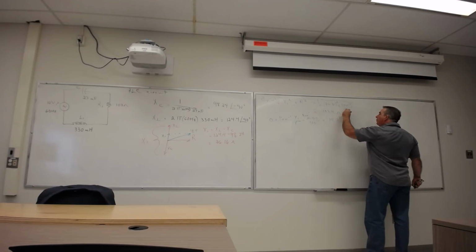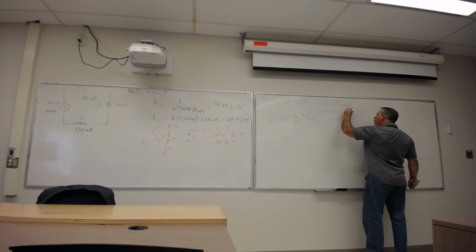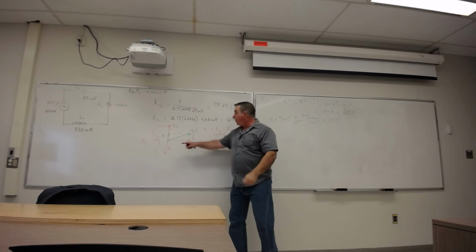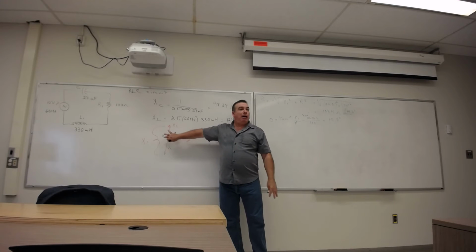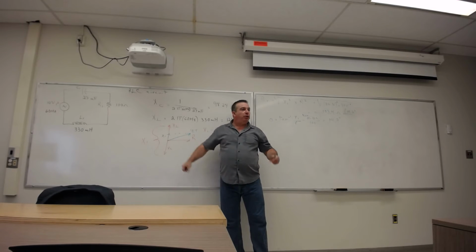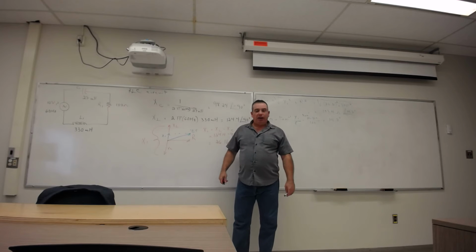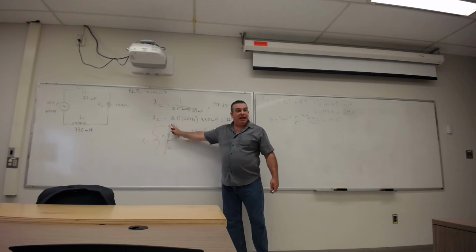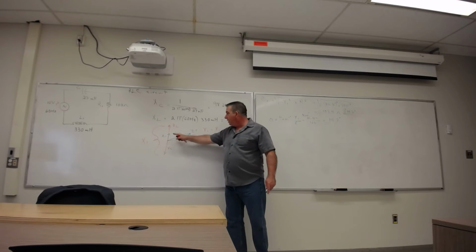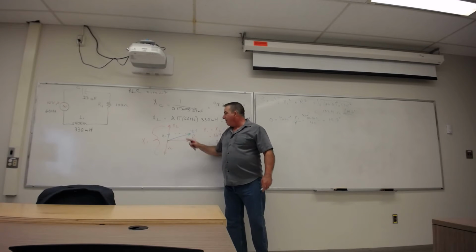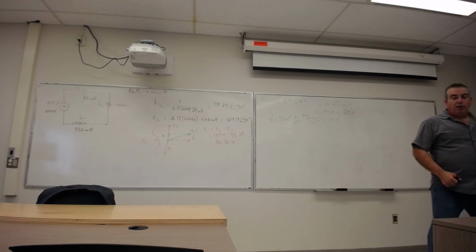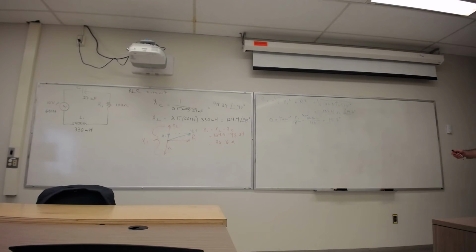So this thing over here is at 14.7 degrees positive. We know that because we drew our vector. These diagrams are really helpful when you're doing the math because you can predict where the angles are going to be. You get a good visual. You know that X1 had to be plus 90 because XL was bigger than XC. So you know that ZT is going to have a positive angle just by the diagram. And because R is much bigger than X1, we'd have a small angle. Makes a lot of sense.